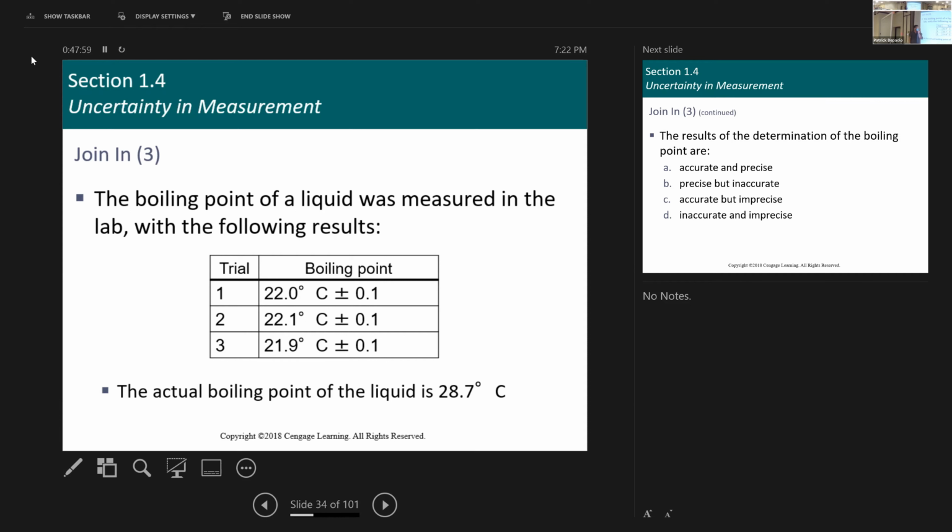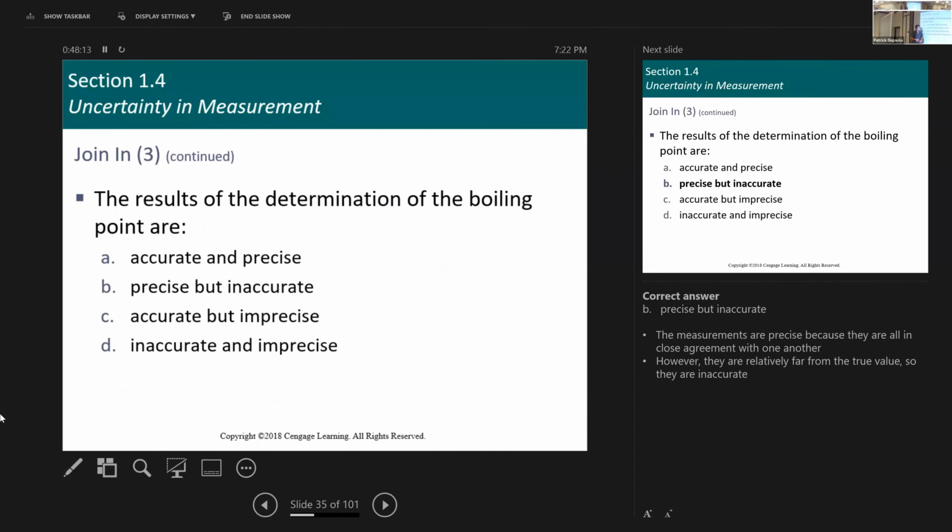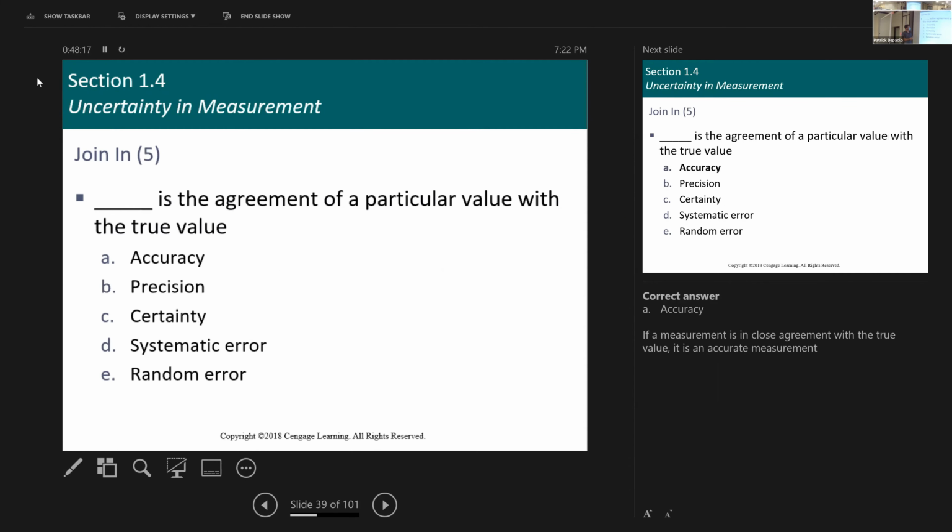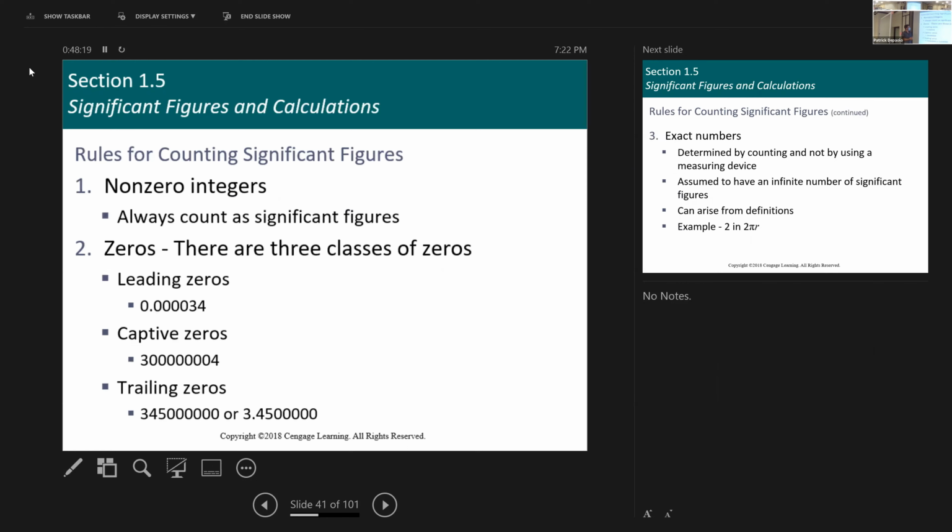They are around each other, but very far off percentage-wise from the actual number. It's probably 25 to 30, maybe 40% off. We know this already. So, the rules of sig figs, and then we'll take a short break.